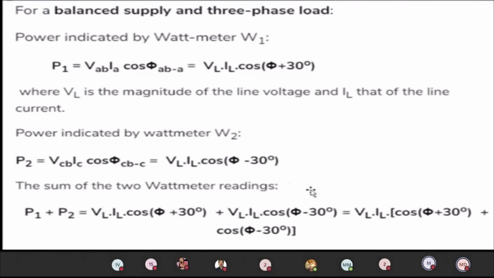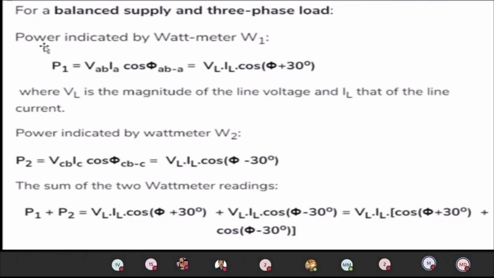And similarly, power indicated by wattmeter 2 is taken as VBC IC cos of phi minus 30. So our formula will act as VL IL cos of phi minus 30. So these are the differences between wattmeter 1 and 2 readings.